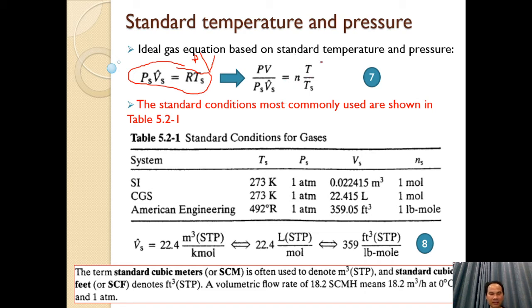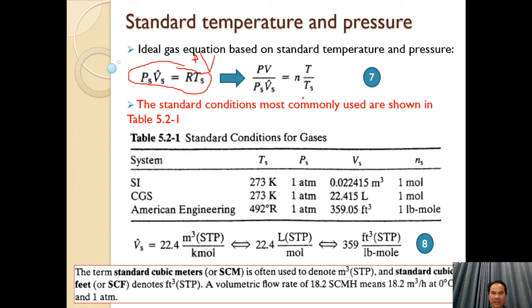R is constant, so you can cancel R. Dividing nRT by R T_S, you get P V over P_S V_S equal to n T divided by T_S. Then if you use the standard condition, you can calculate the pressure, volume, number of moles, or temperature for the actual condition.